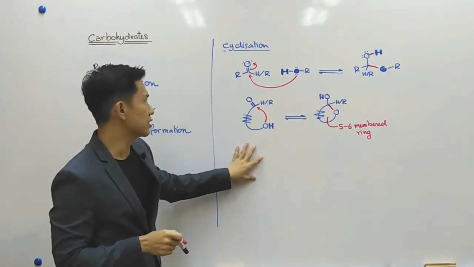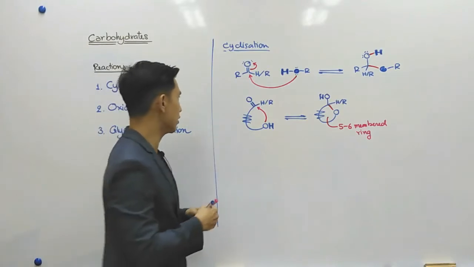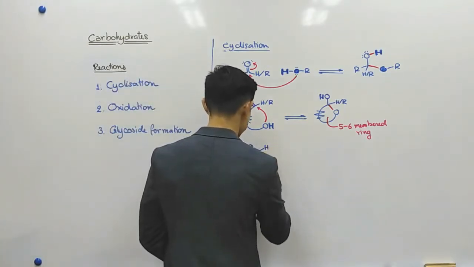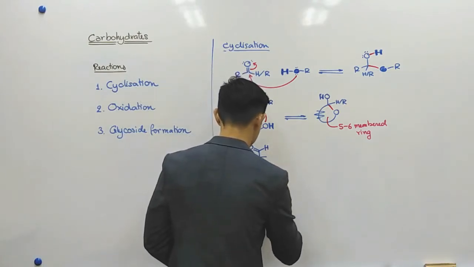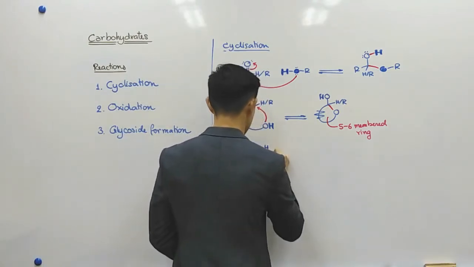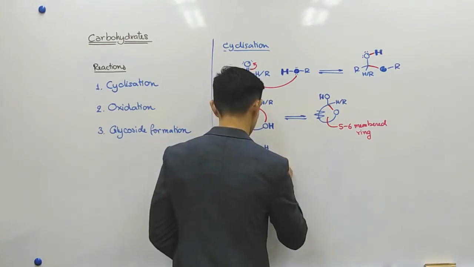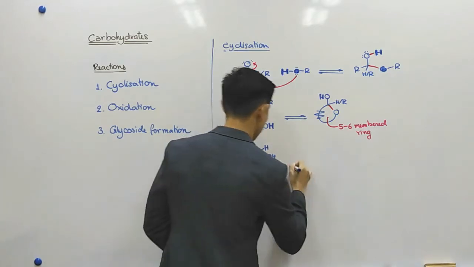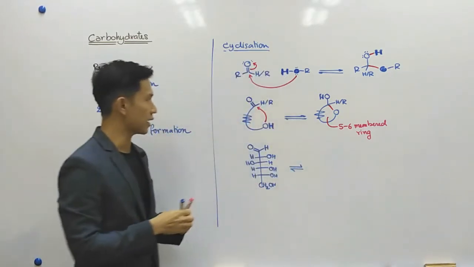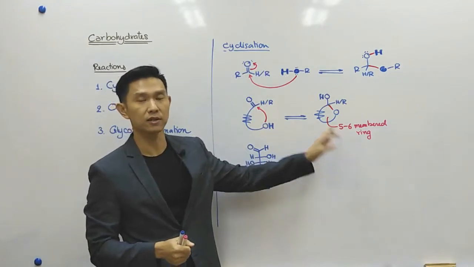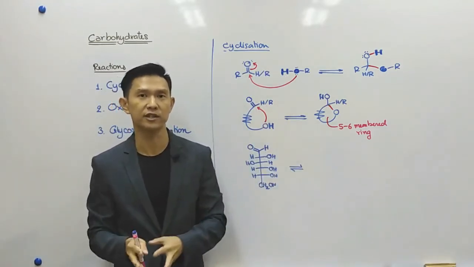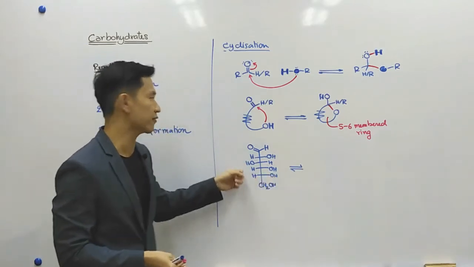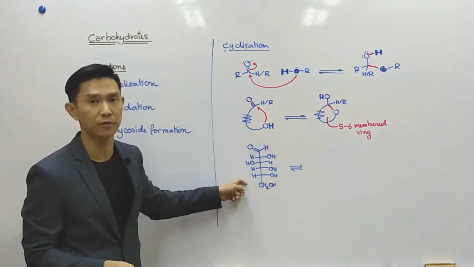This is a cyclisation. Right? So if we look at the glucose, for example, you have OH on every carbon atom, like this. So it can actually close the ring on both sides, 5 and 6 membered ring. And because it is in equilibrium, right, you also have the open chain structure here as well.